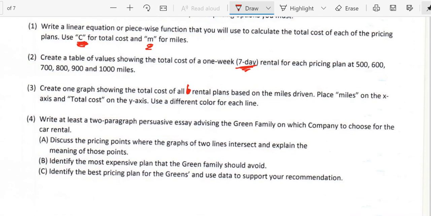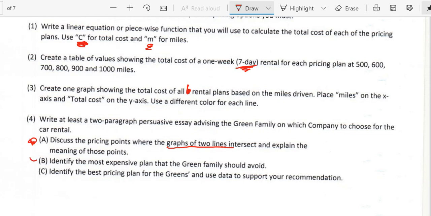And then for number 4, you need to write a little persuasive essay, basically just telling the Green family which company to pick, or which rent-a-car company to go with. After that, you guys need to do a little essay, just basically telling the Green family which plan to pick. I want you to indicate where some of the lines might intersect.